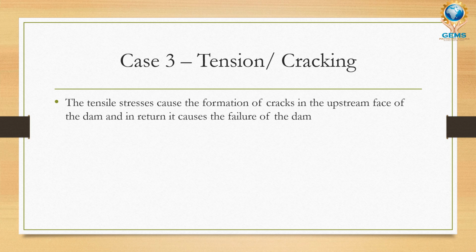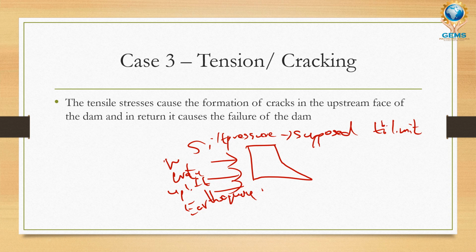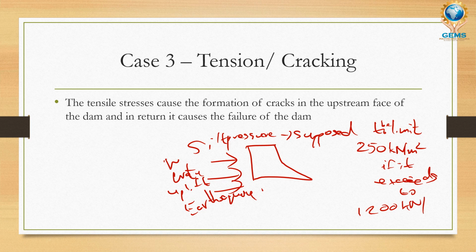Suppose this is a gravity dam. This gravity dam is being exerted with various types of stresses like wave pressure, water pressure, uplift, earthquake, and so on. And in addition to these pressures, another pressure like silt pressure is supposed to be within a limit, like 250 kilonewton per meter squared, and it exceeds to 1200 or 1500 kilonewton per meter squared.